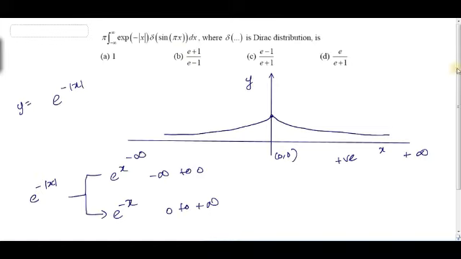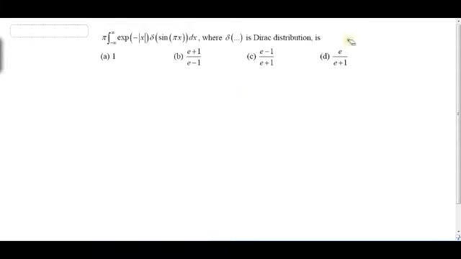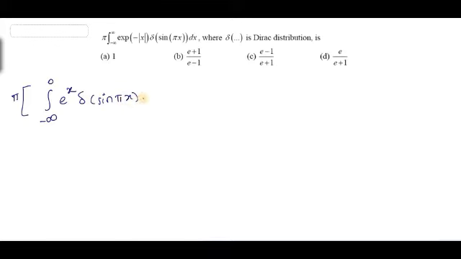Okay, now we are going to split this interval and do the problem. So I can write this as pi into the integral from minus infinite to 0 of e power x into del of sine pi x dx, plus the integral from 0 to plus infinite of e power minus x.